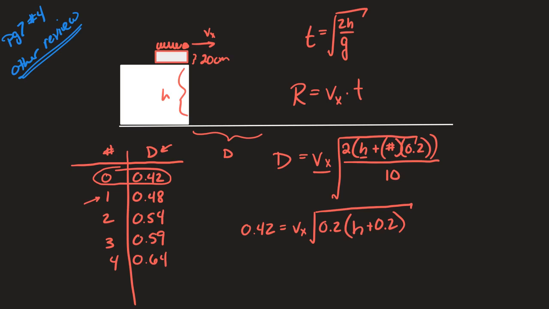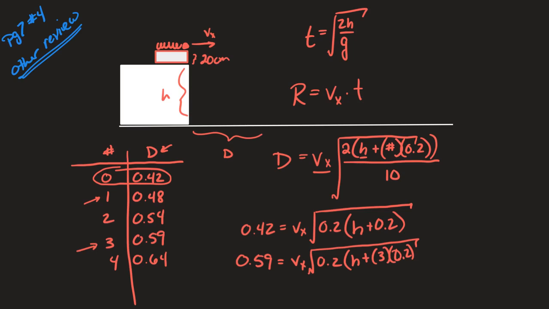And I could put in, say, I don't care, how about this data point? 0.59 equals Vx times the square root of 0.2 times h plus 3 times 0.2. That gives me two equations and two unknowns.